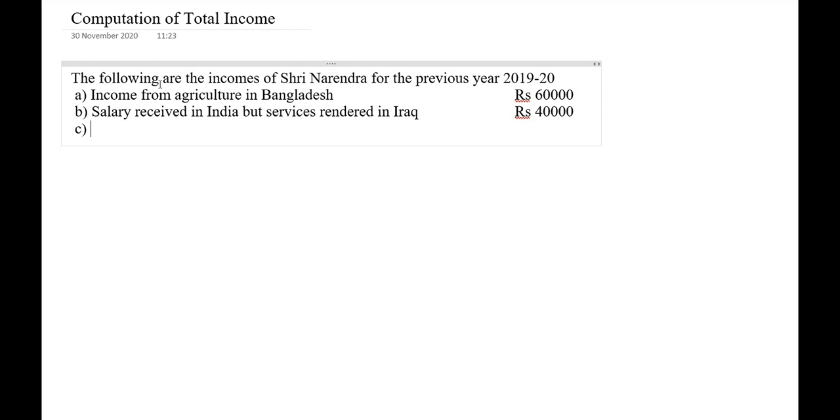C, income from business in Gujarat, rupees 60,000. D is dividend from domestic company, rupees 20,000.